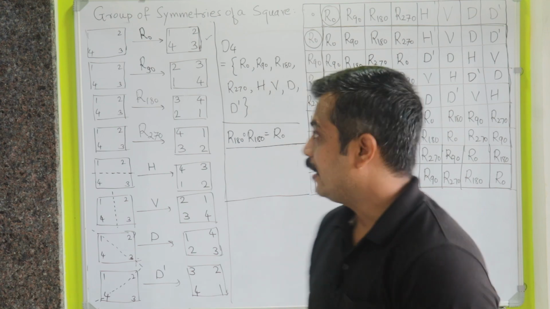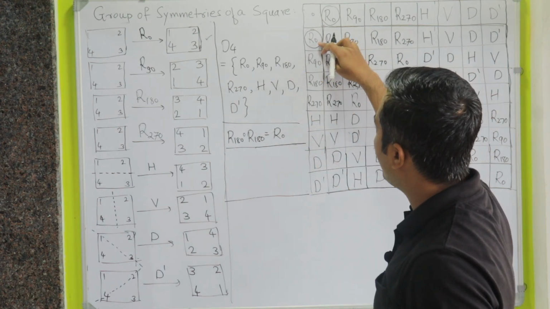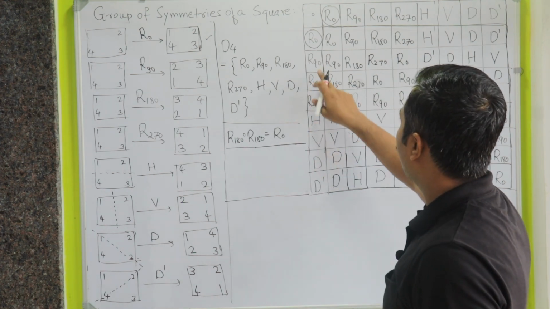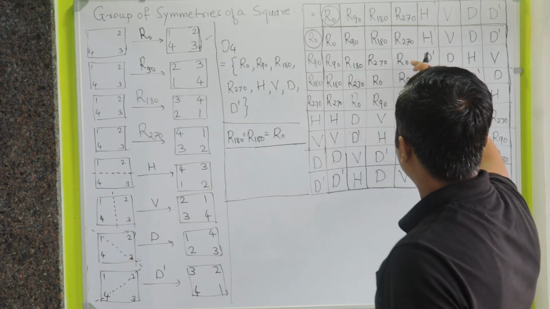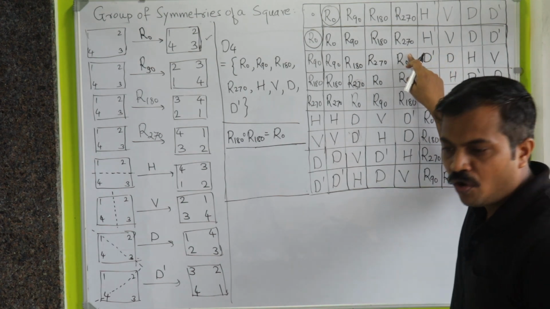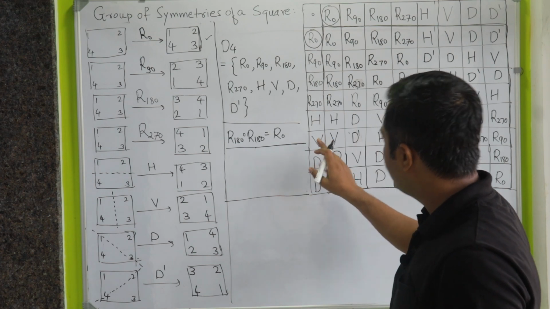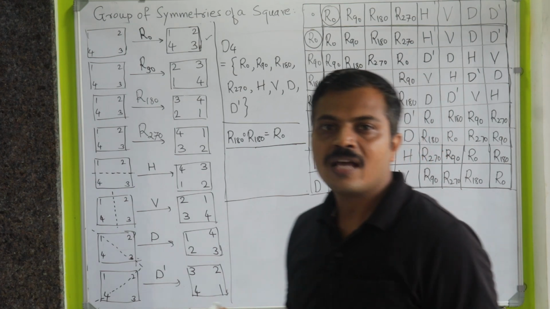Now in order to find the inverse of R90, we have found the inverse of R0 and R180. Simply see the row of R90. You can see that R0 lies here. Basically, in order to find the inverse of each and every element on this side, we just have to see in that particular row where R0 lies.